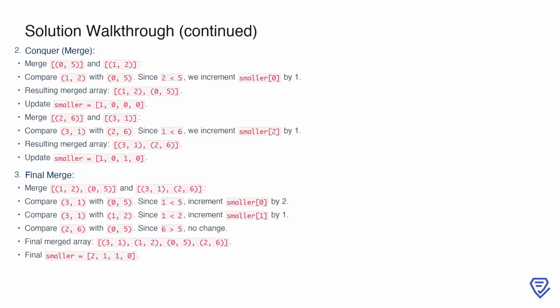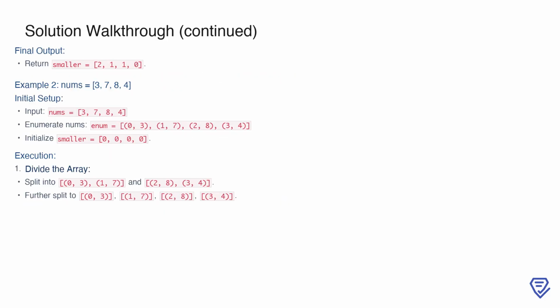After completing all comparisons, the merged result is (3, 1), (1, 2), (0, 5), (2, 6), and smaller becomes 2, 1, 1, 0. With the merging process complete for this example, the final output is the smaller array, which is 2, 1, 1, 0. This means that, for each number in the original array, there are 2, 1, 1, and 0 smaller numbers after them, respectively.